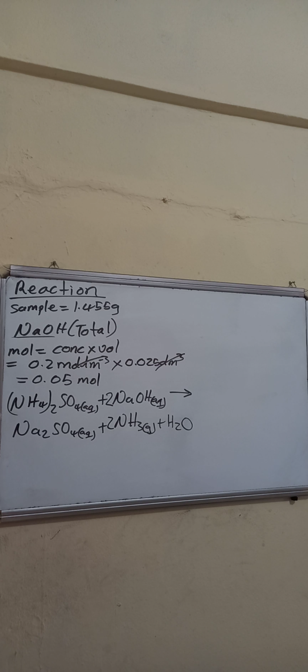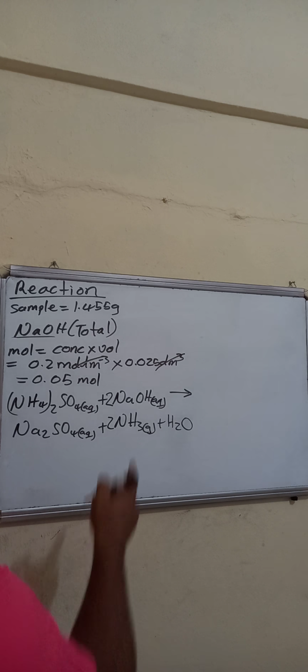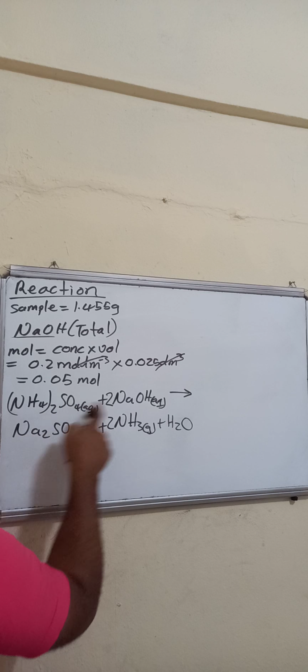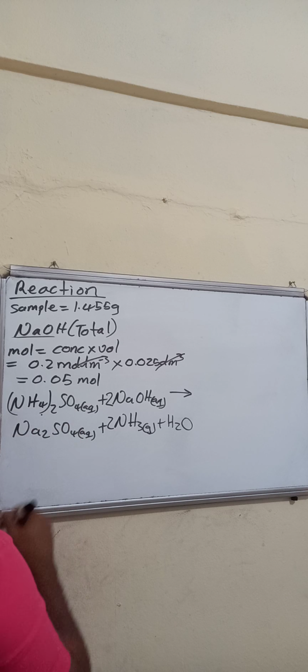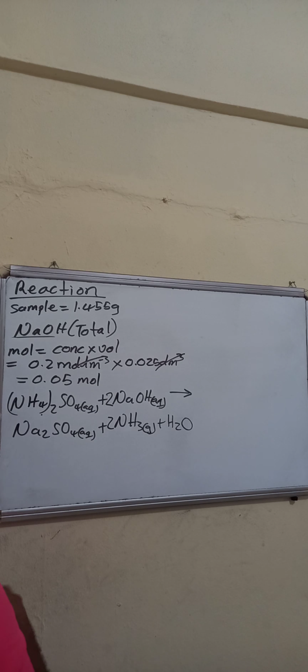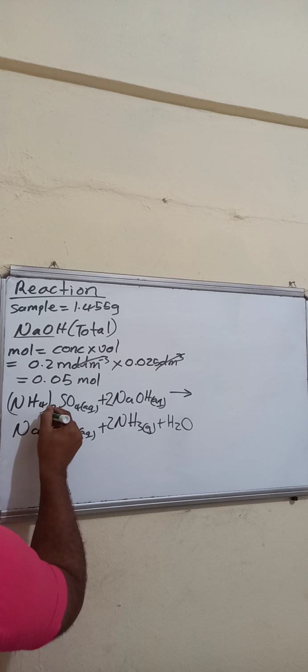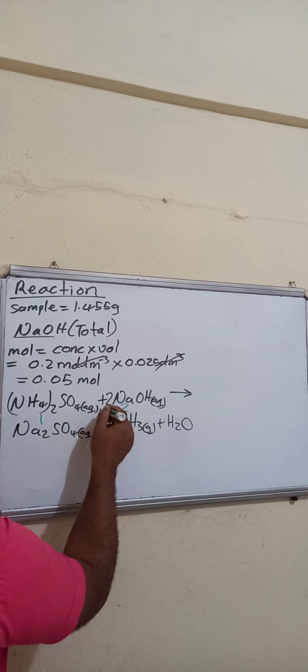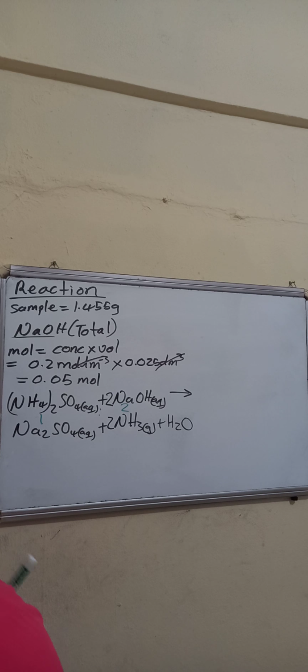So that's our equation. Again, write the mole ratio. It's between ammonium sulfate and sodium hydroxide. So it is 1 to 2. Once you have the mole ratio, you move to the titration.